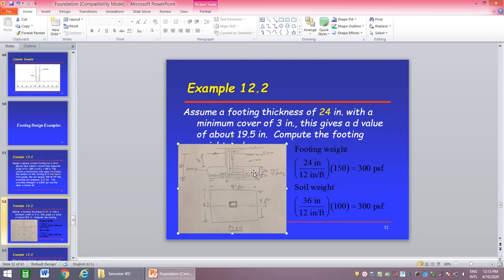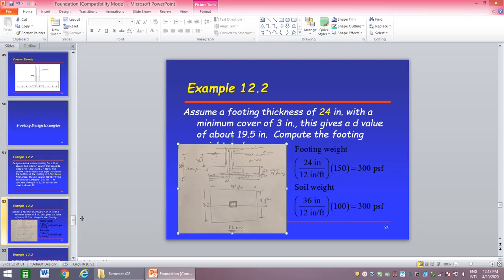So what is the footing weight acting on the soil? That is 24 inches, converted into feet, multiplied by 150, it is coming 300. And here 36 is the soil, divided by 12 to convert inches into feet, and multiplied by 100, it is coming 300. 100 is the soil weight, 150 is the concrete weight. So this is 300 pounds.